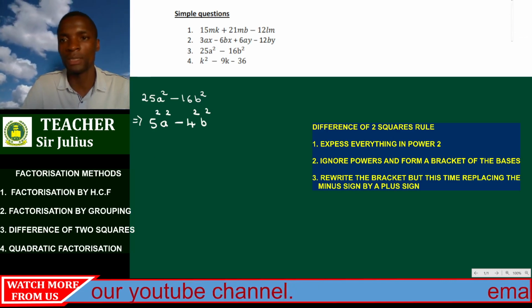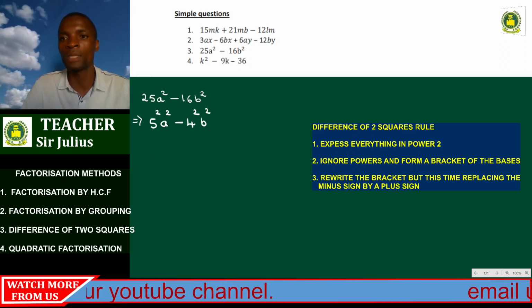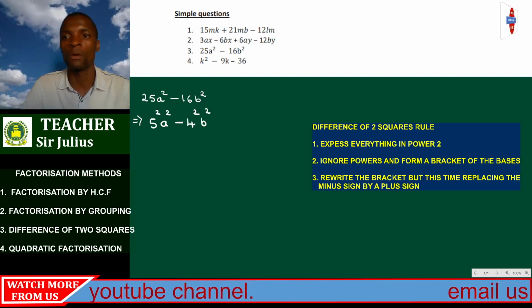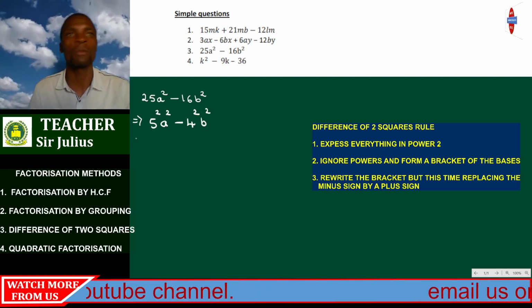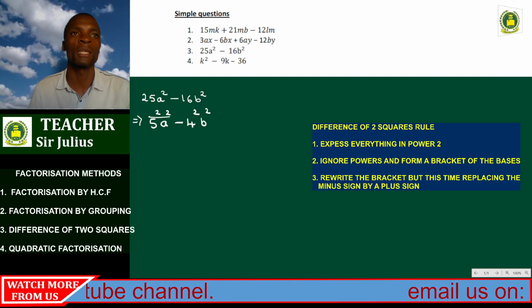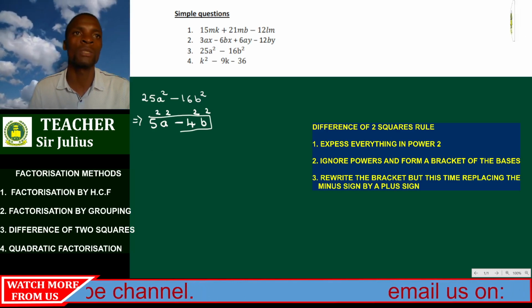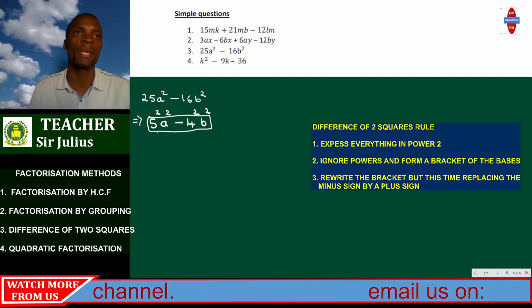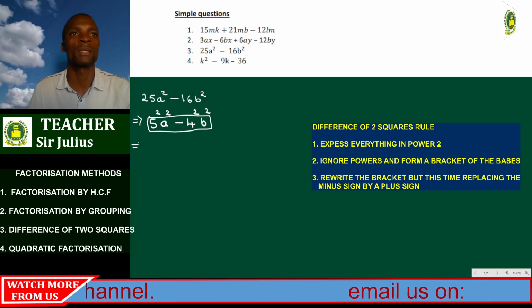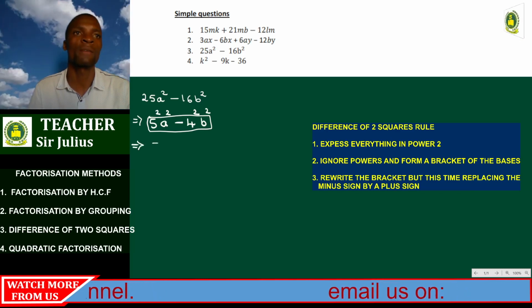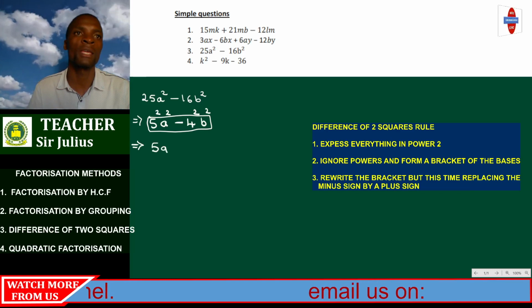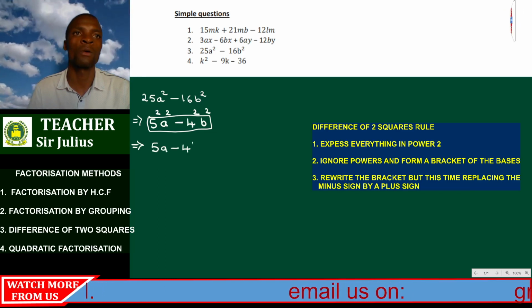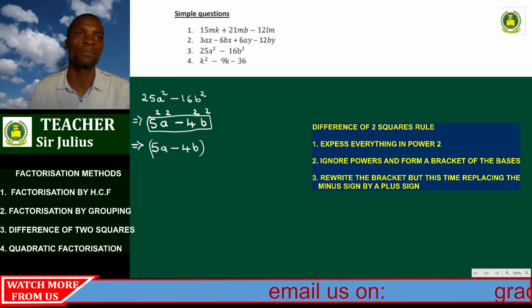We go to the second stage, which is saying ignore powers and form a bracket of the bases. Meaning I'm going to ignore these powers and form a bracket using these bases that I have. So let us do that quickly. We will have 5a minus 4b in bracket.